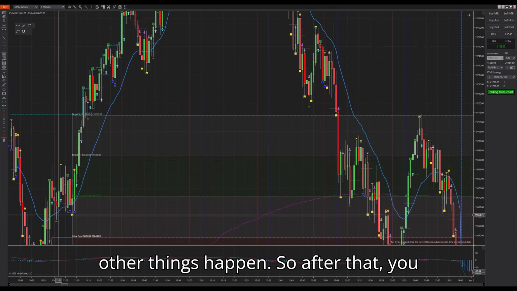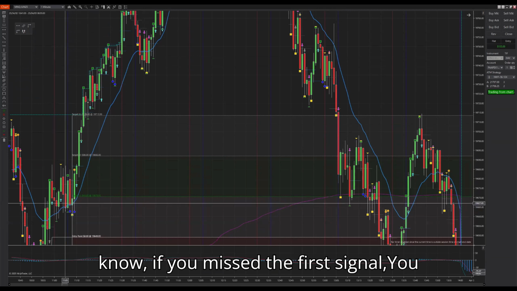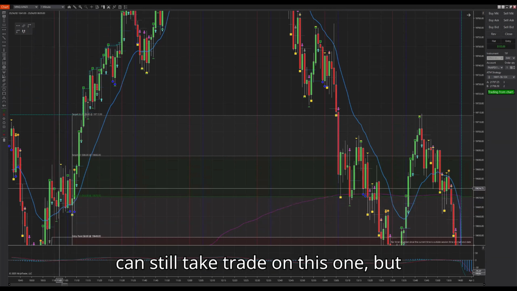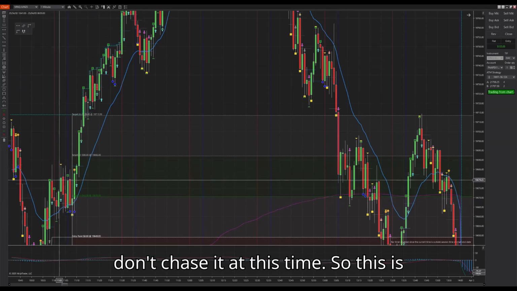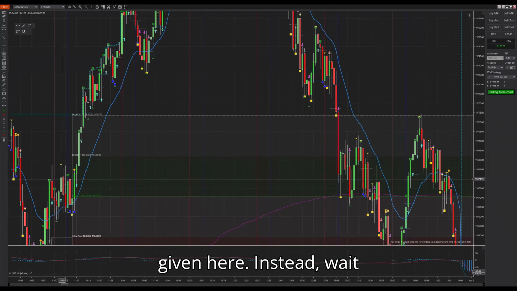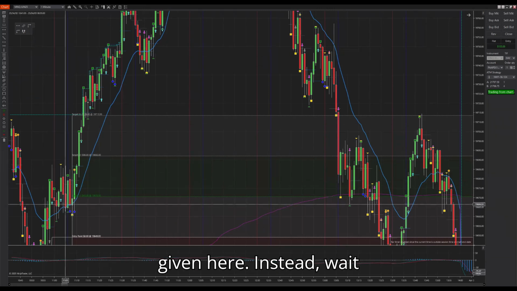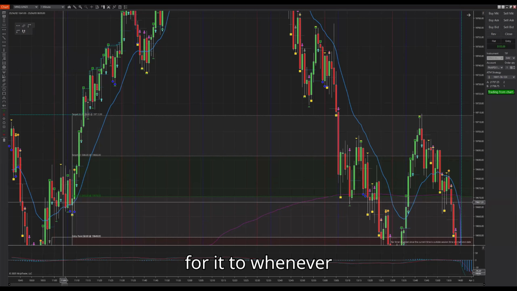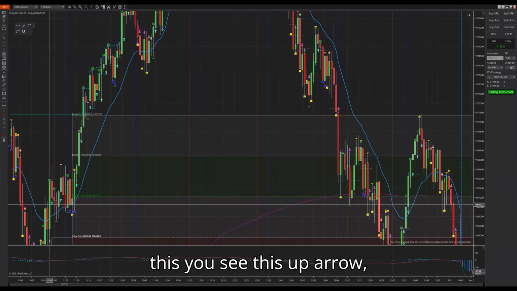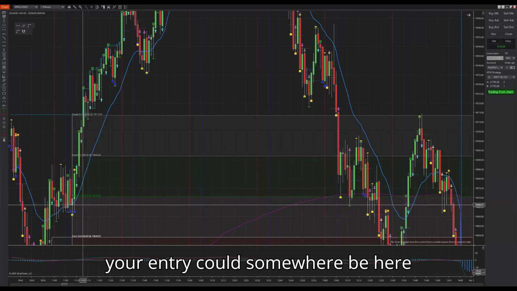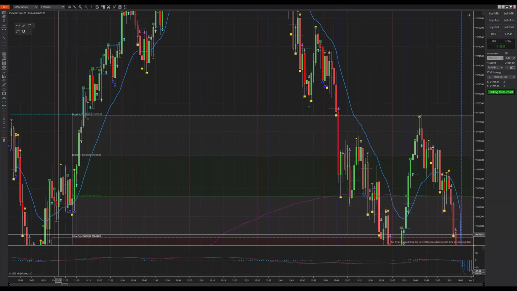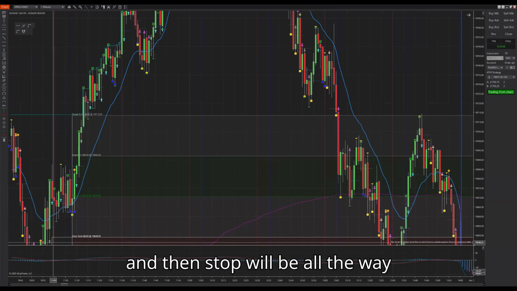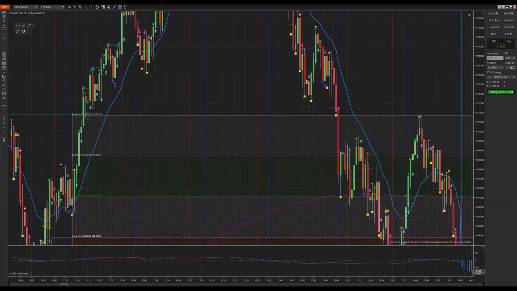So after that, if you missed the first signal, you can still take a trade on this one, but don't chase it at this time. So this is given here. Instead, wait for it to, whenever you see this up arrow, your entry could be somewhere here, and then stop will be all the way over there.